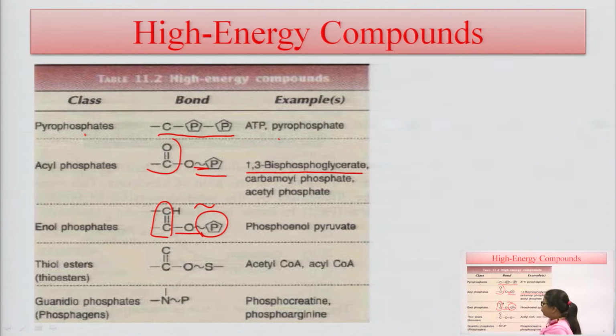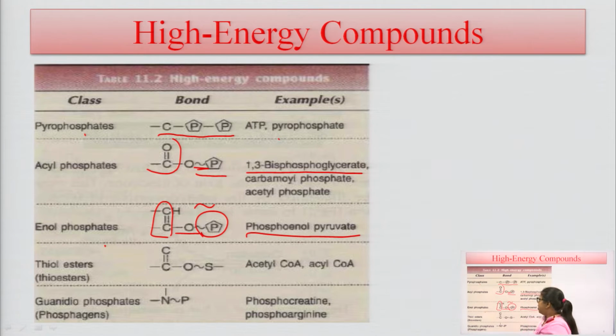When this enol phosphate reacts, the compound shows high energy, or liberates high energy on breakage of the bond. An example of enol phosphate is phosphoenol pyruvate. Phosphoenol pyruvate is required for the formation of energy.